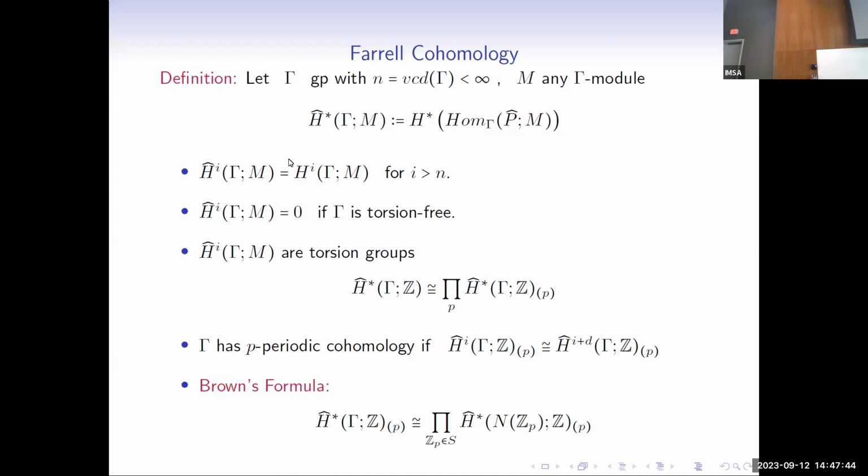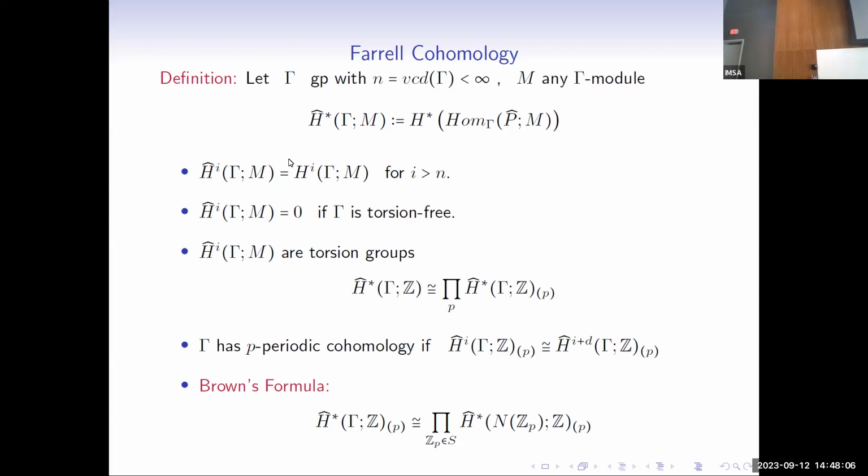But what makes these groups computable is this nice Brown formula that gives you the p-primary component of the homology in terms of the cohomology of all these normalizers, the C mod p's counted by conjugacy classes.